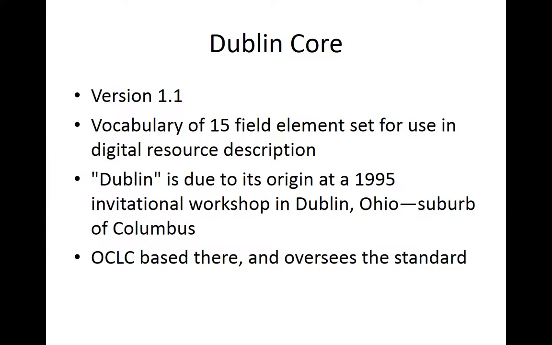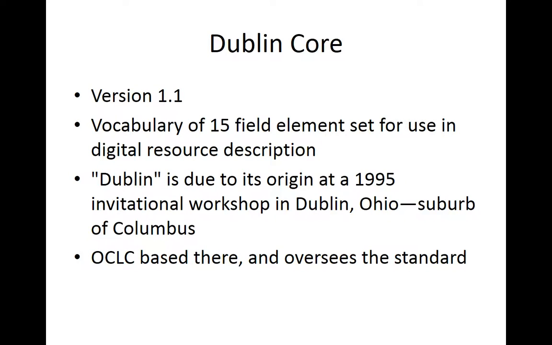So let's talk about Dublin Core, and for your final project, I haven't totally set it in stone yet, but most likely you're going to be using Dublin Core. Dublin Core is something we've used in this department, and many libraries and archives have used it because it's so easy to use, relatively speaking. It's a really basic standard that sets out 15 fields or elements to use in resource description. Dublin is due to its origin.